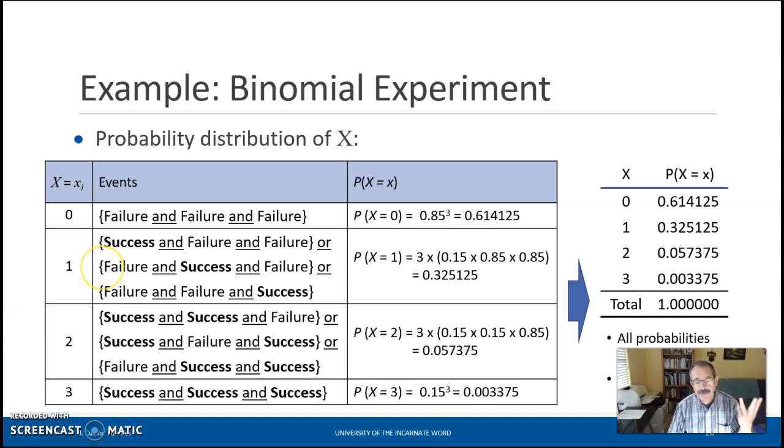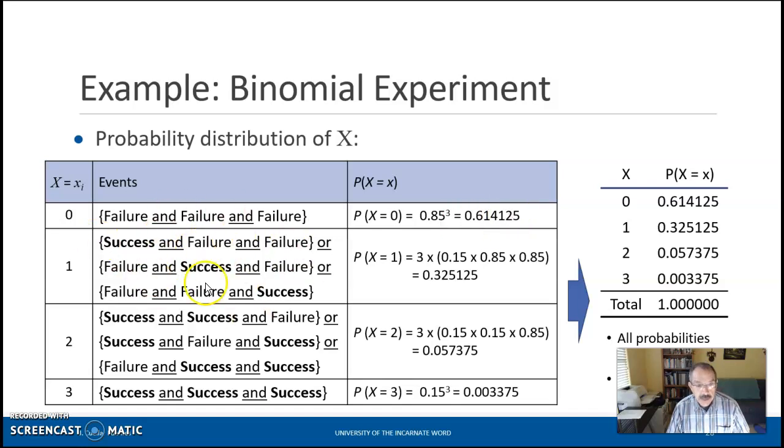That means I have only one sequence of failure and failure and failure. So there are 3 failures observed. So the probability that x is equal to 0 is 0.85 to the third power, because these are independent events. And so the probability would be 0.85 to the third power.